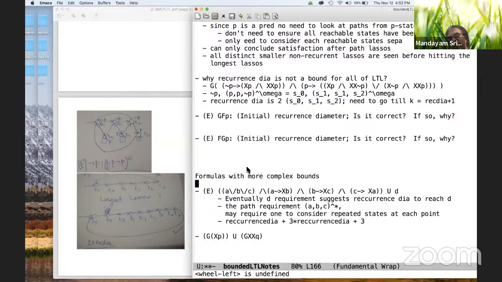If you'll be implementing the recurrence diameter, you'll be implementing it for the full LTL, and you will have a complete system that you will have the experience of building using SAT. And I hope that you will enjoy it, and it will be a learning experience.